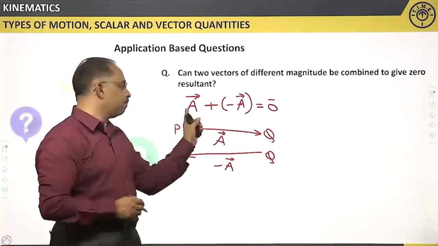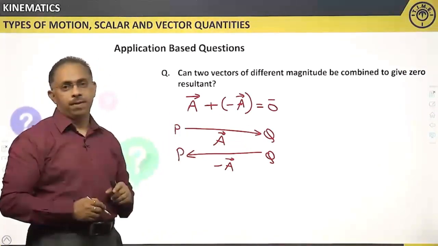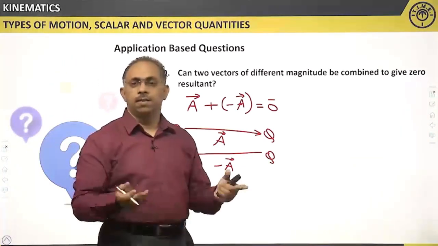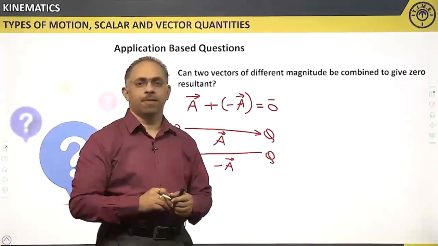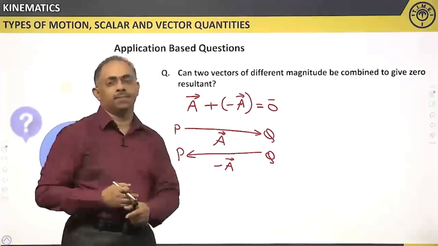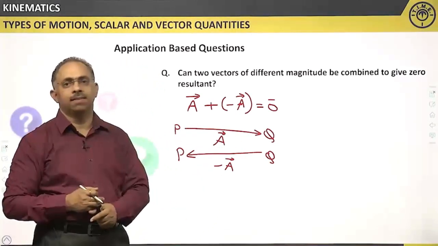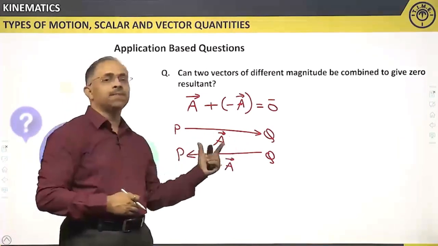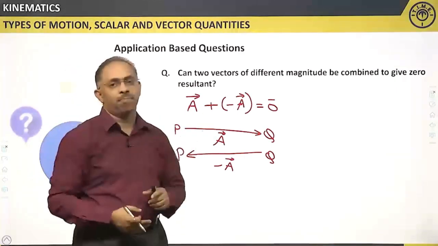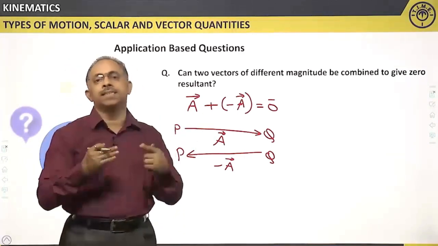The length of PQ and QP will be equal. When I say the length of PQ and QP both are equal, magnitude is equal. Clear? It is the same line but reversed in the direction. Right? So, when it is the same line reversed in the direction, their lengths are equal.